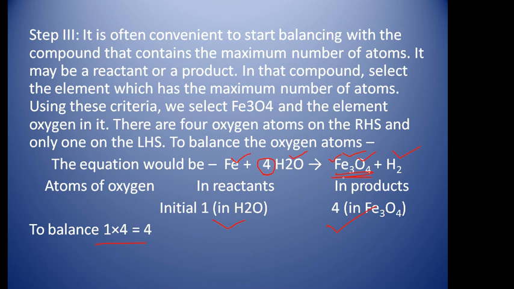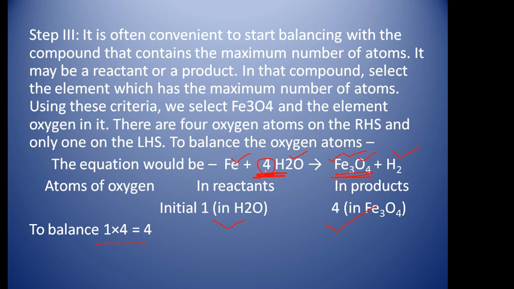First take that compound which contains the maximum number of atoms. Then you see which atom is more in number. So here it is oxygen. Now you see the number of that atom in the reactant side and product side. Now you choose a number to multiply with any of these.